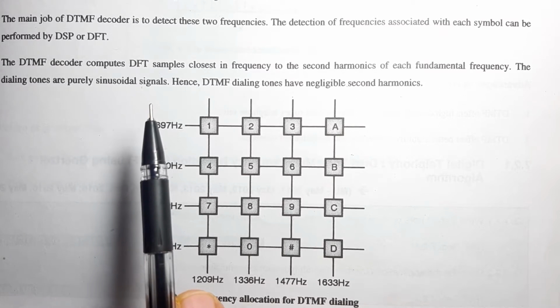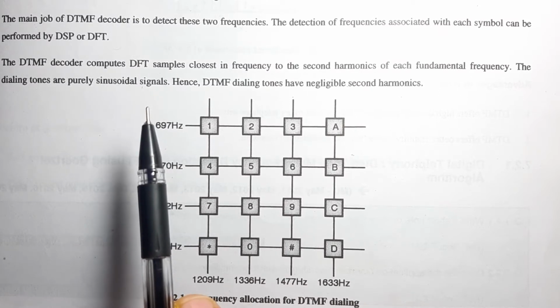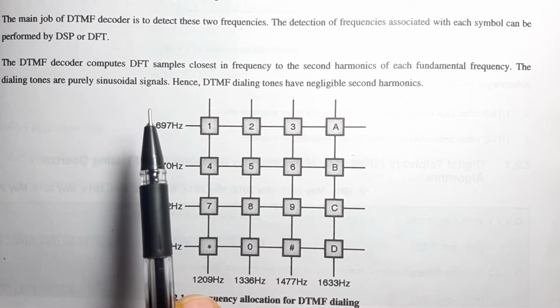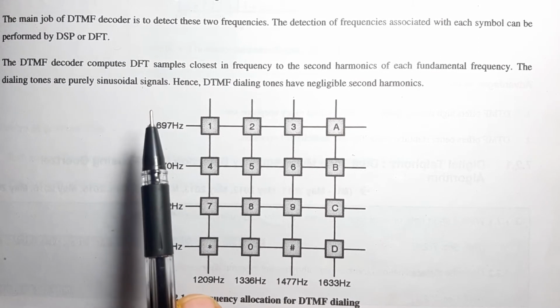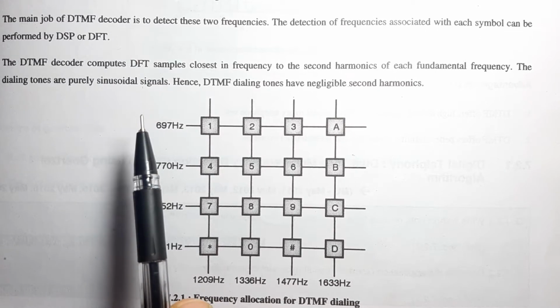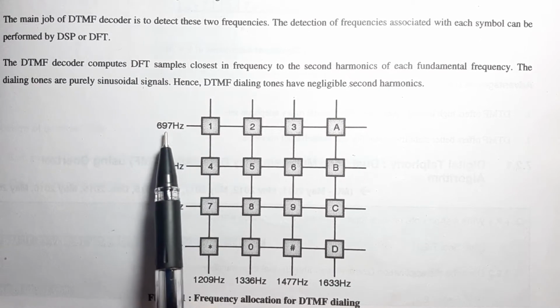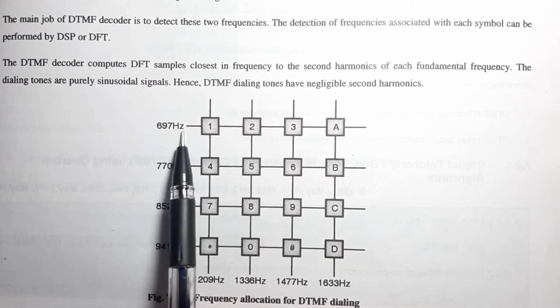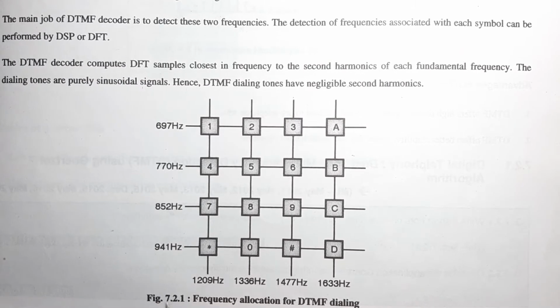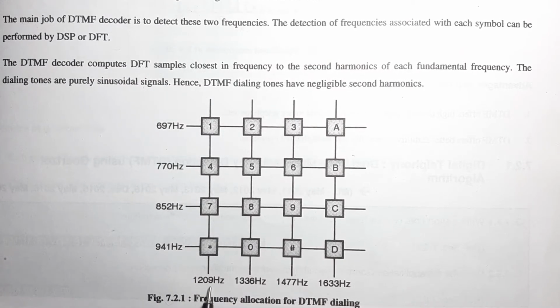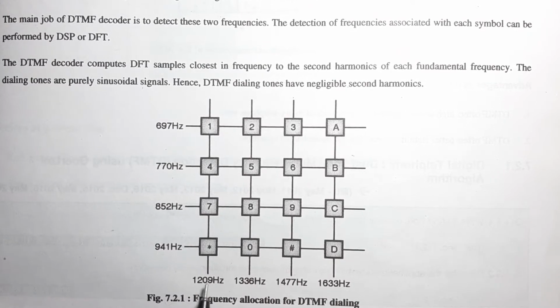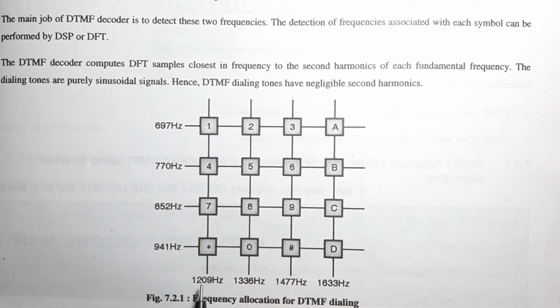Now, 93.4 and 93.6 will be considered as the second harmonics of the fundamental frequency, which is 93.5. So here, the frequencies which are neighboring these two frequencies, one is 697 and the other one is 1209 hertz. These are the second harmonics, and the fundamental frequencies are being decoded.